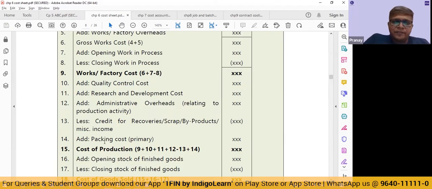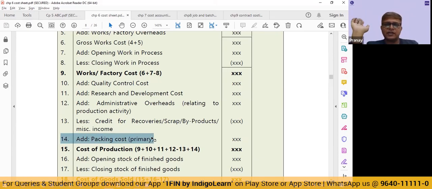Then we have primary packing cost and secondary packing cost. Here also a lot of students make mistakes. See, imagine the Lay's chips that you're eating. When you go to a Kirana shop and buy Lay's, he is going to give you only that 5 rupee packet, 10 rupee packet or 50 rupee packet, as the case may be, whichever you buy.